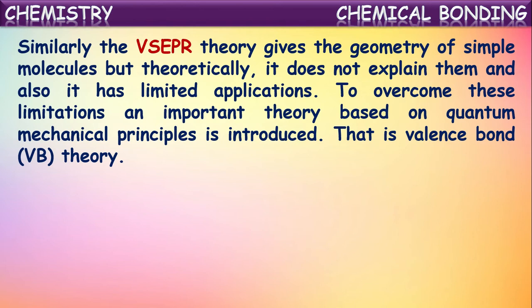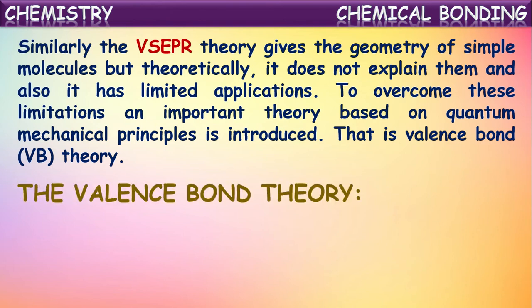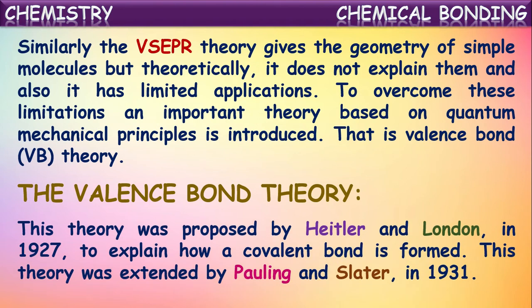So to overcome these limitations, an important theory based on quantum mechanical principles was introduced. That is valence bond theory. This theory was proposed by Heitler and London in 1927 to explain how a covalent bond is formed.